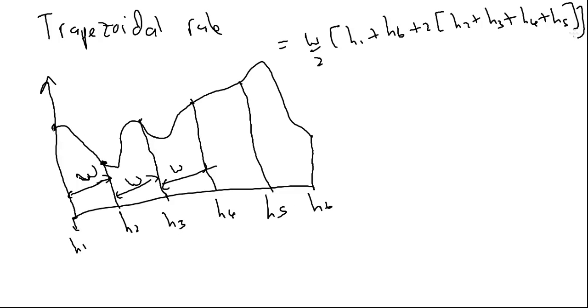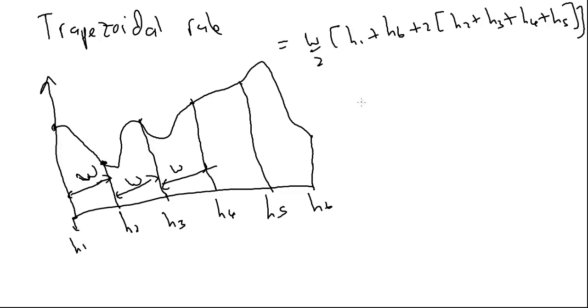And that's it. So all you have to do is, given your shape, the thing that you're trying to get the area for, you just pick out points H1, H2, H3, H4 and so on, and jot them down, and then plug it in to this formula.